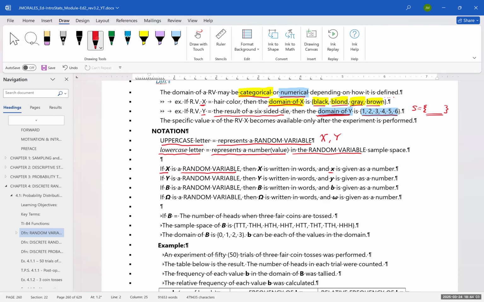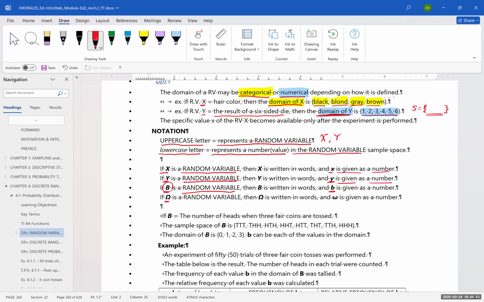Then lowercase x would be any given hair color, or if this was defined as something else, any other number within the domain. Capital letter Y is the random variable, and lowercase y is any given label or number in the domain of Y. We don't have to use X and Y. We could use capital B as the random variable, and then identify any element of the domain with a lowercase letter of that random variable.